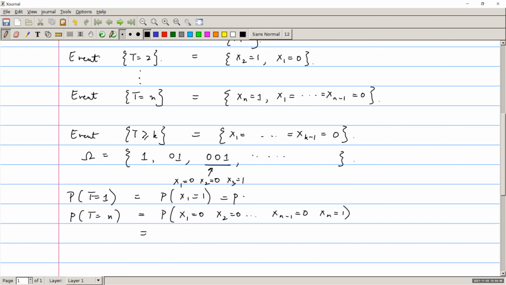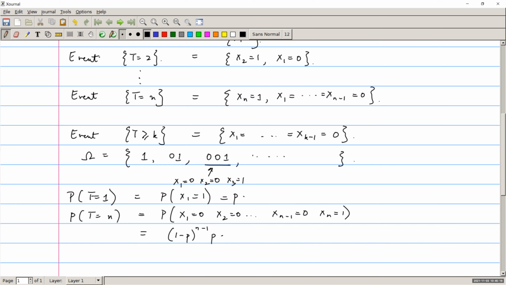X1 is 0, x2 is 0, and so on. So what is this probability? Is it (1 minus p) to the power of n minus 1 times p?